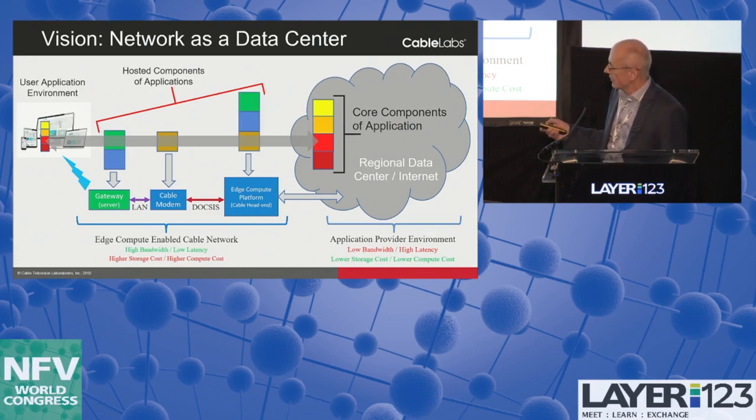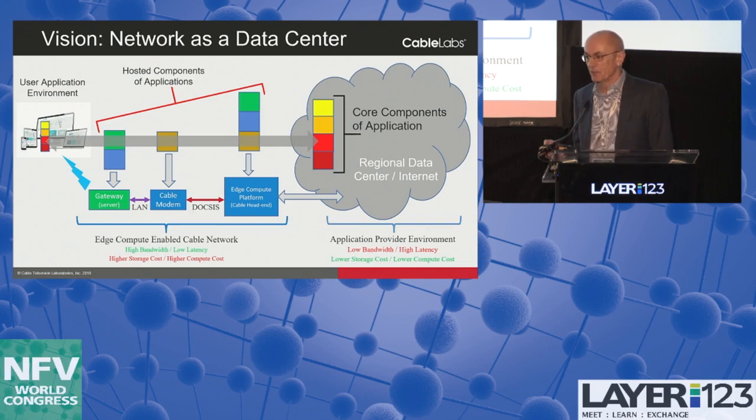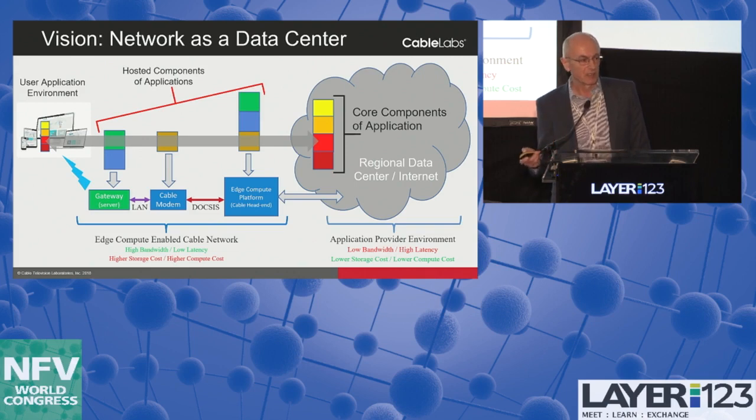And sitting out here is the network interface device. I thought about just calling it a NID, but I'm a cable guy, so I'm going to put cable modem there, because cable modems are really cool. Somewhere inside that home is probably some kind of gateway device. It's a server or something else that's serving the inside of the home, or the enterprise premises, or even the street or somewhere locally.